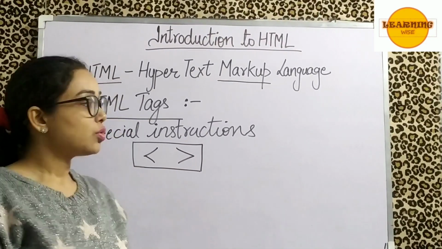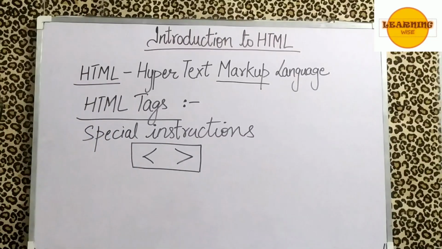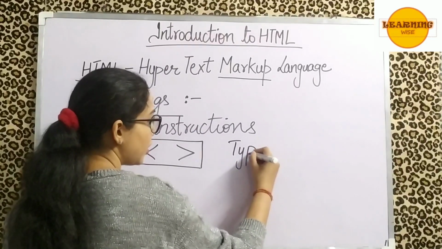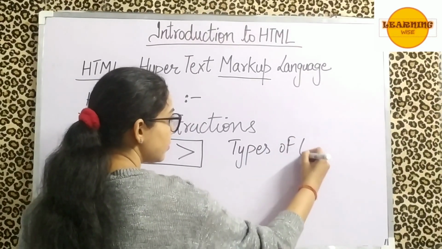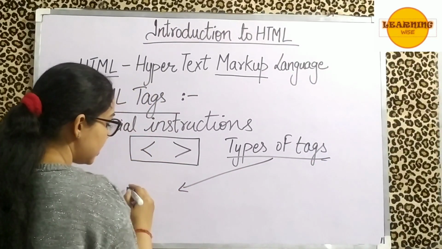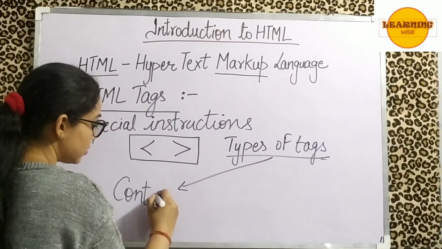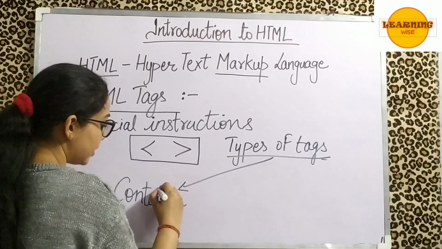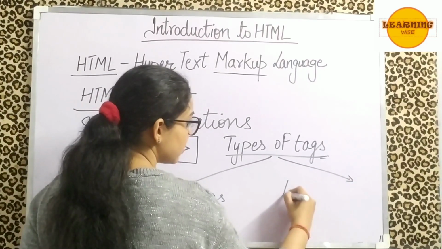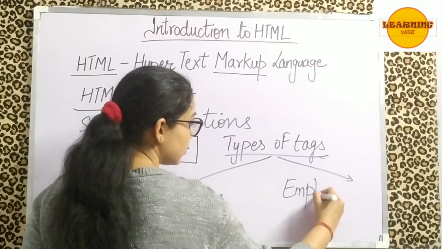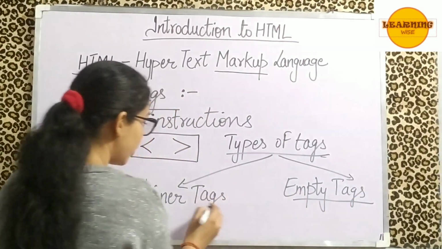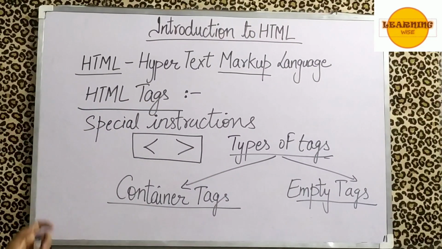Alright, so now let us talk about the types of tags. We have two types of tags in HTML. The first one is the container tag, and the other category is empty tags. Now again you are going to ask me, what is a container tag and what is an empty tag?